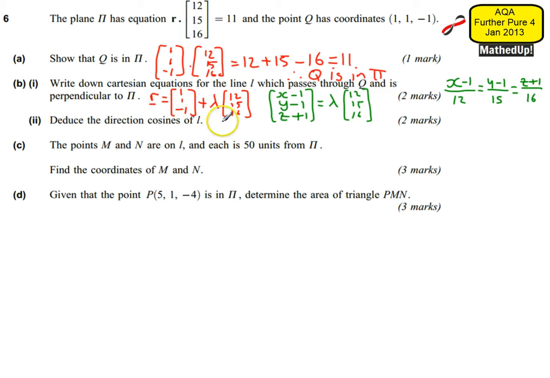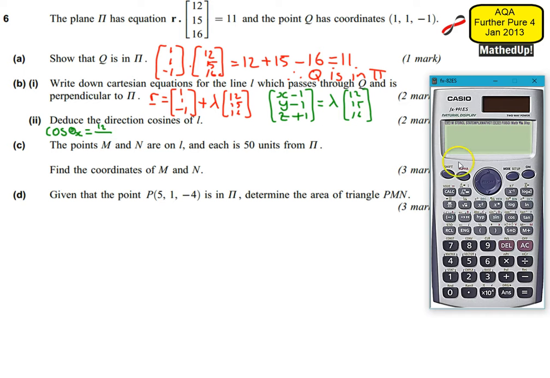Well, my direction cosines of L are going to be given by the magnitude of this vector, and then each of these divided by the magnitude. So I'll write it down over here, we'll have cos theta with the x-axis, and that's going to be equal to 12 divided by the magnitude of this vector.